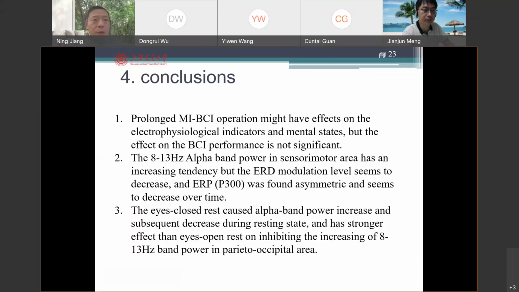So far, I think some questions will come in. Professor Mon, how do you think the potential effect of fatigue, or the lack of effect of fatigue, on BCI performance can translate to applications in rehabilitation or neurorehabilitation, such as stroke or spinal cord injury?